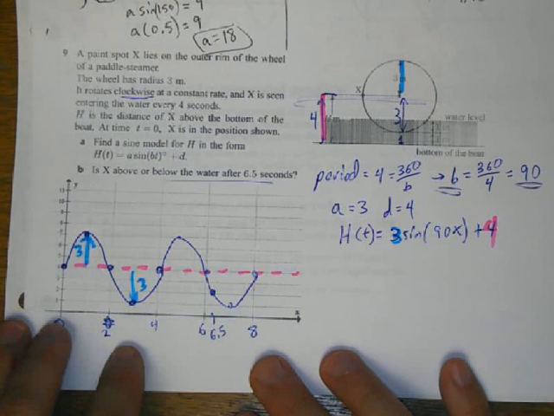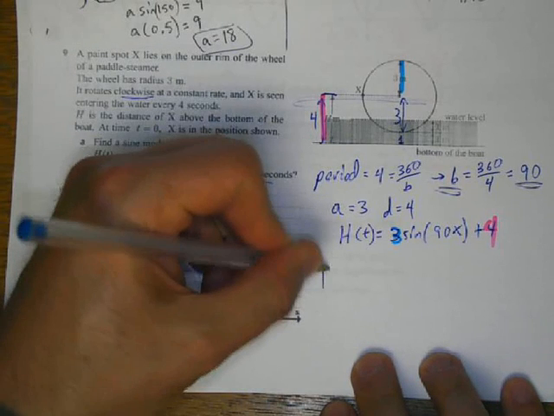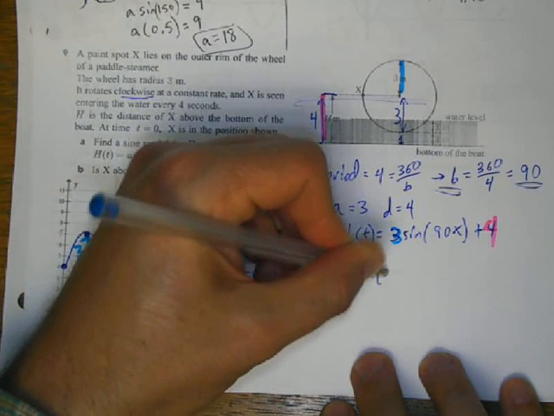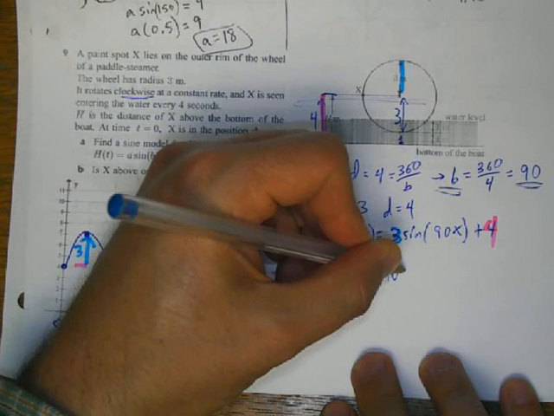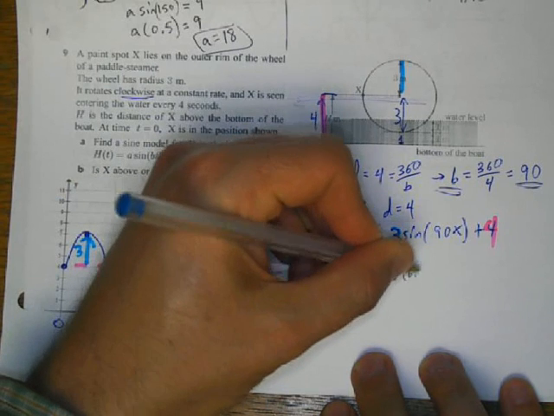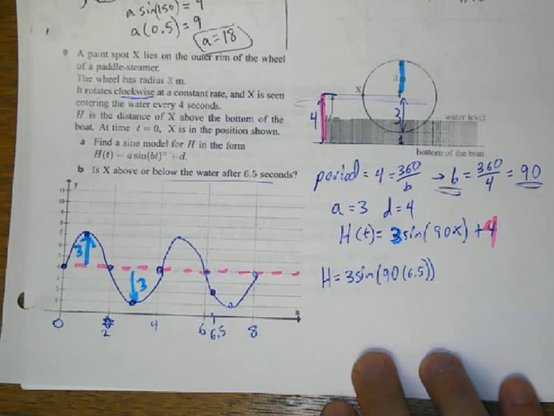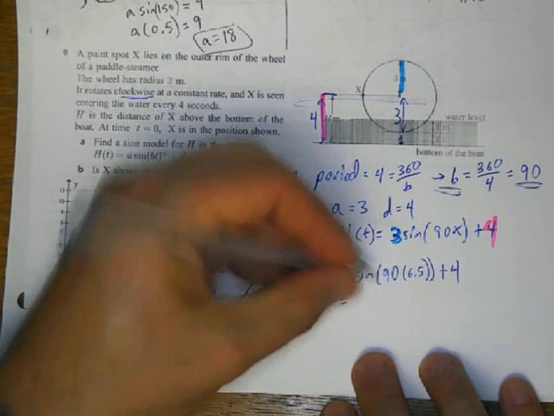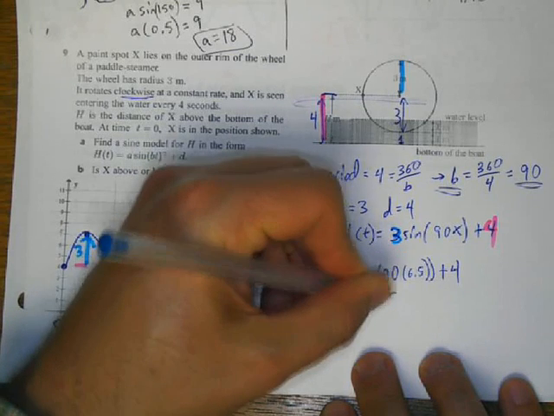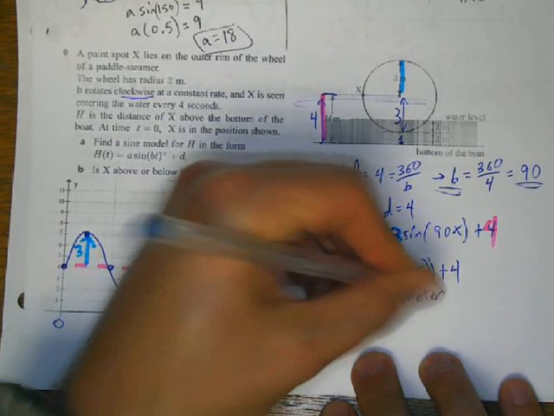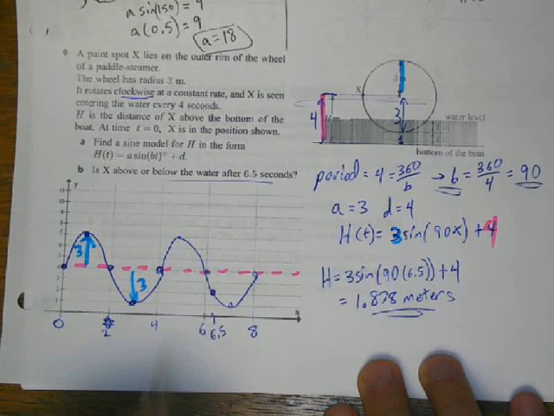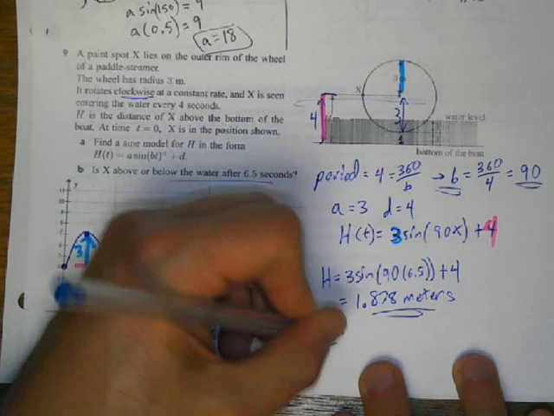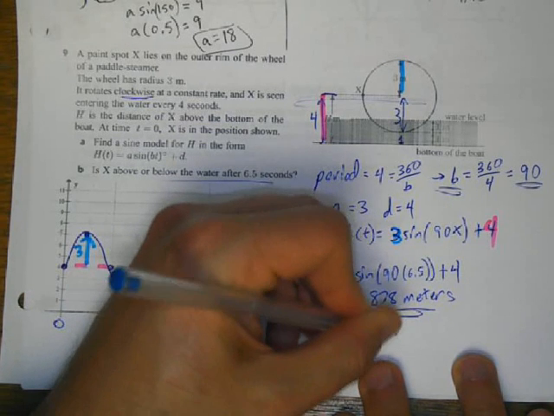And what you could do is plug in 6.5 for x, and you end up with 1.878 meters. And like I said, that's below the water level.